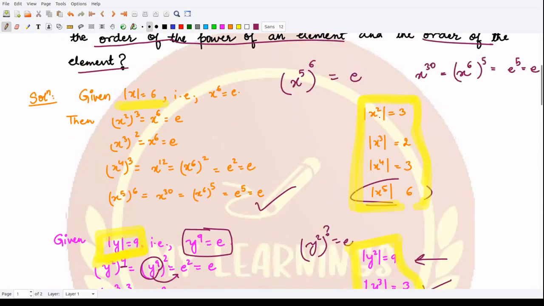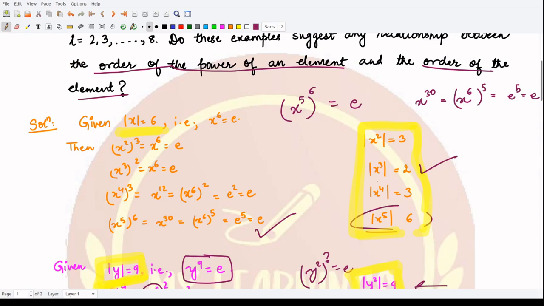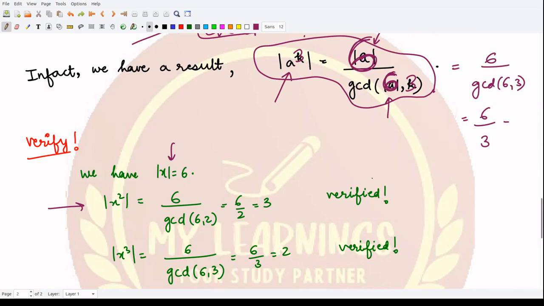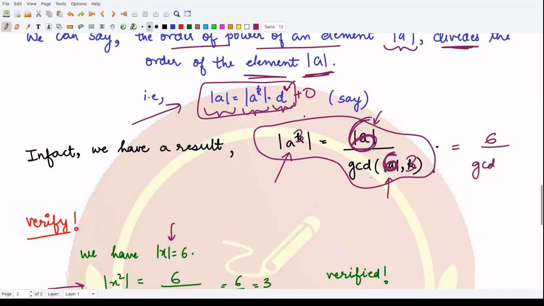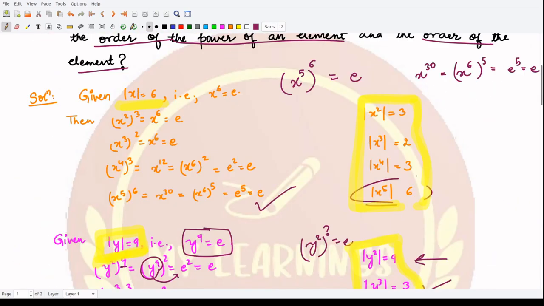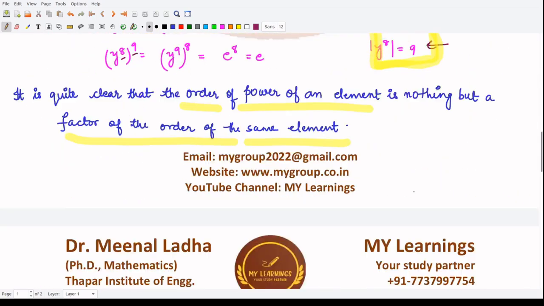And you already saw that the order of x cube is 2. Similarly, when you take k to be equal to 4, the GCD of 6 with 4 is 2, so the answer is 3, correct? So here also you see the answer is 3. So this is also verified.